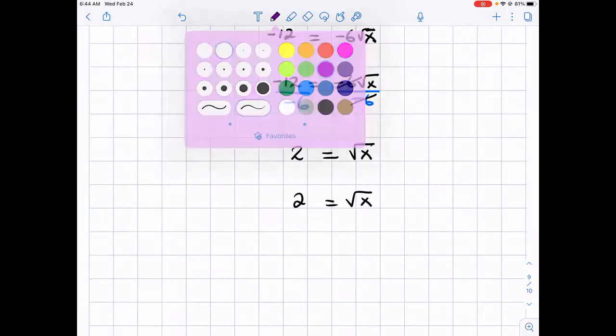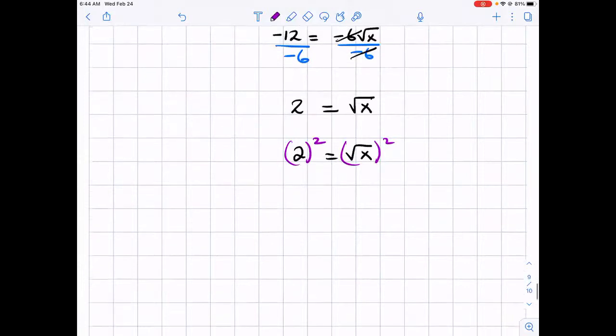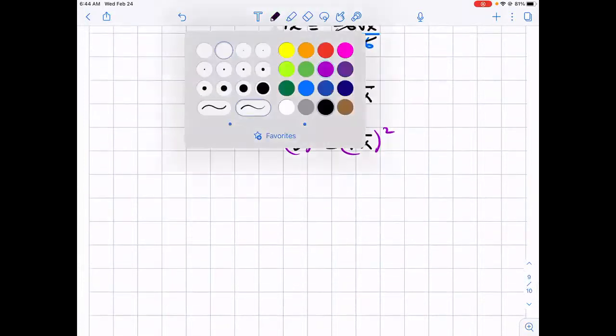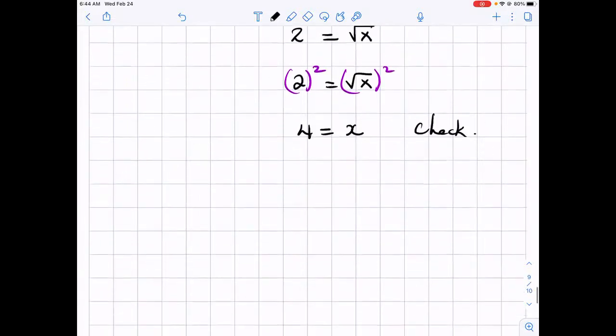By squaring both sides, we get rid of the radical. So we have 4 is equal to x. And here we have to check. And don't forget, when we check, we always go back to the original equation. We have to go back to the original equation. So use the original equation.